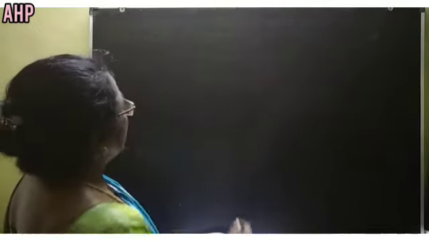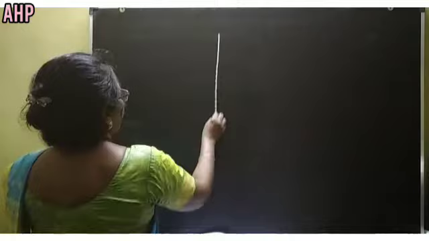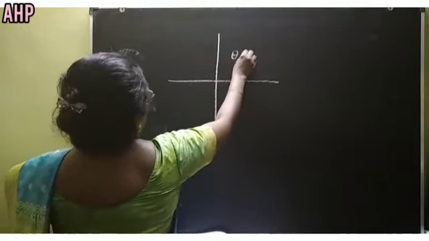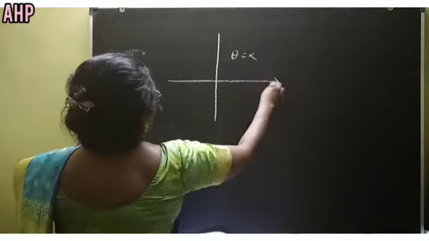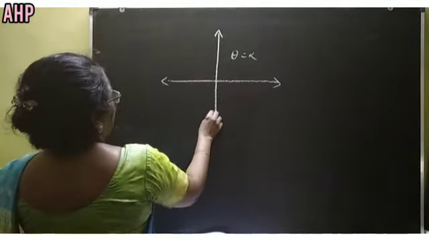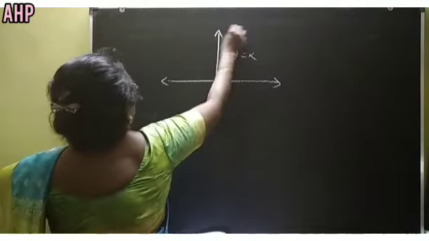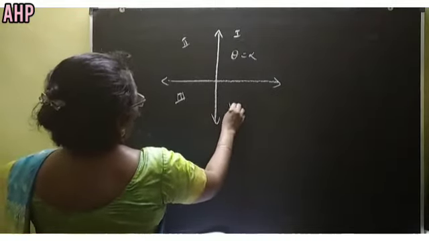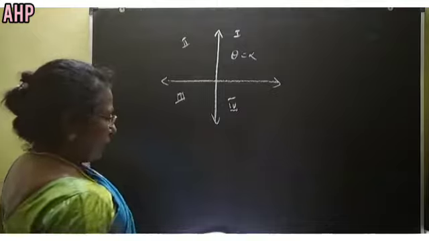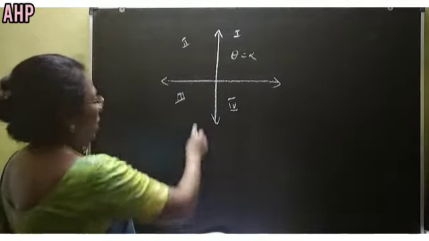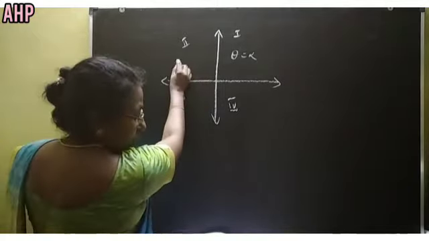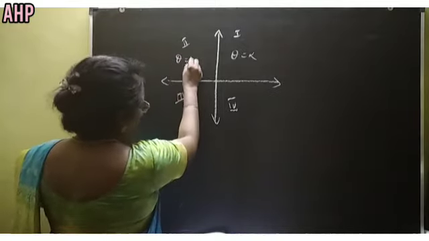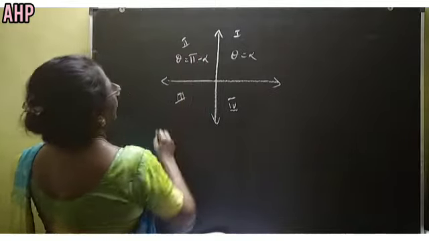Therefore, the argument value theta, if it is in the first quadrant, then theta is equal to alpha. This is the first quadrant, this is the second quadrant, this is the third quadrant, and this is the fourth quadrant. In the second quadrant, your theta is equal to pi minus alpha.